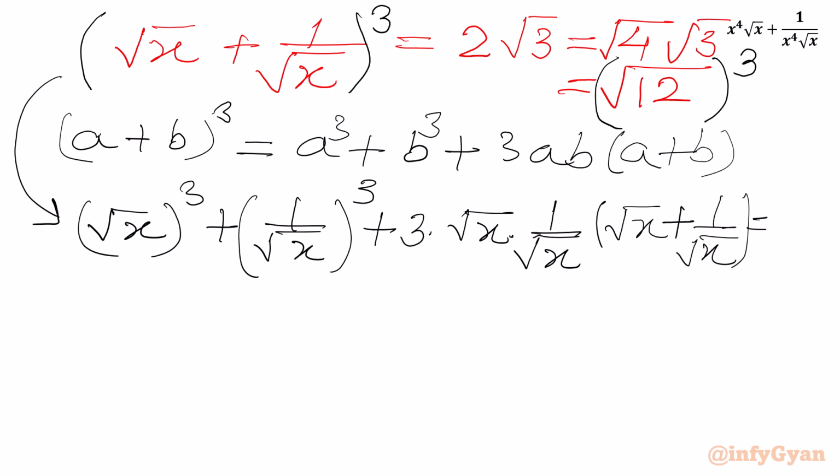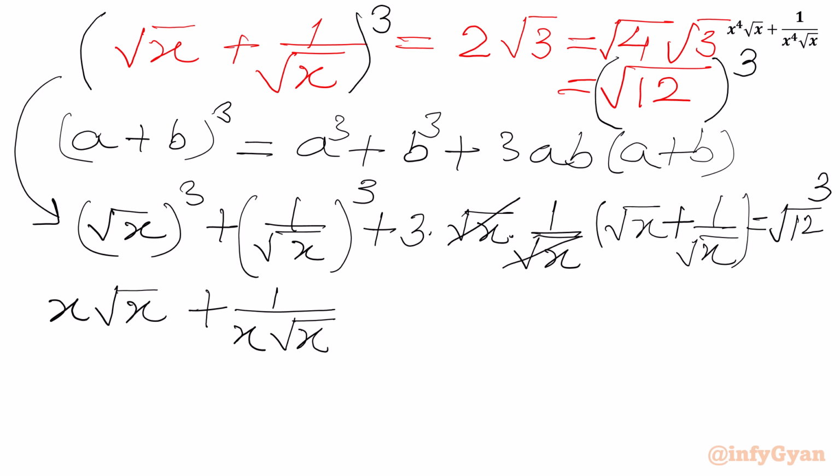In RHS, this will be equal to square root 12 whole cube. Root x times root x times root x gives x root x. Similarly, 1 over square root x times 1 over square root x times 1 over square root x, we will write 1 over x root x.